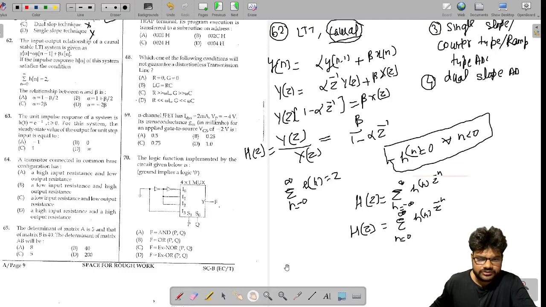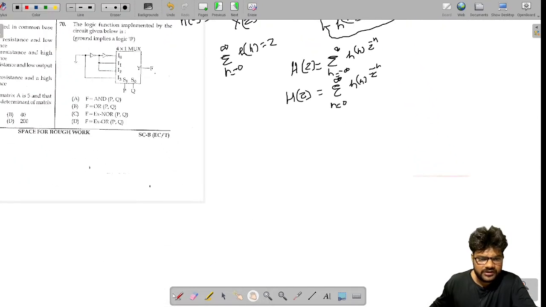If we put Z equals 1 here, then H(1) is summation n equals 0 to infinity h[n], since 1 to the power minus n is 1. In the question this was given as 2, so we found that H(1) is 2.